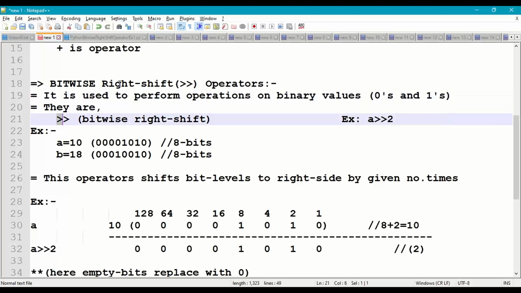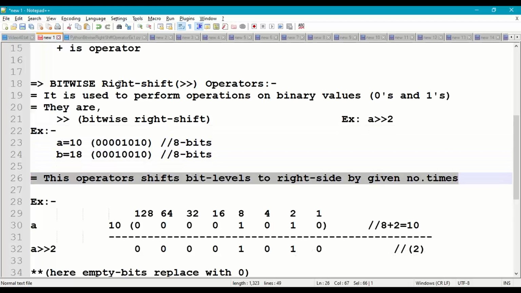The bitwise right shift is used with a value, for example a right shift of 2. It will shift the bit levels towards the right side for a given number of times.